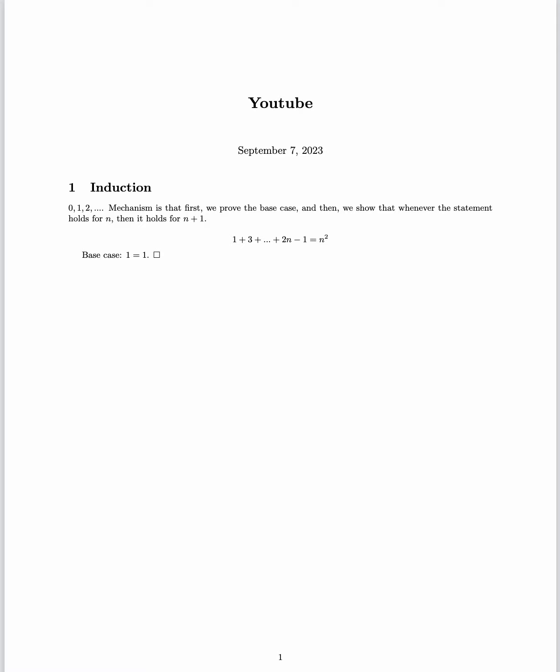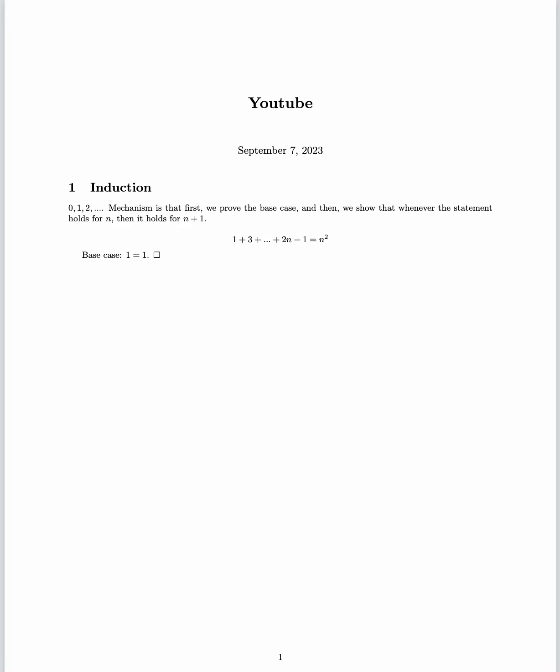Then we have to show that 1 plus 3 plus up to 2n minus 1, plus 2 times n plus 1 minus 1, is equal to what? It's equal to n squared plus 2 times n plus 1 minus 1.